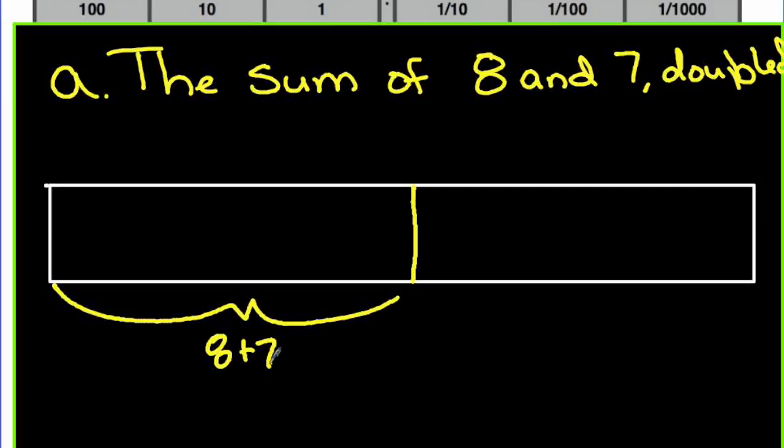So what is 8 plus 7? 15. So this equals 15, right? If that side equals 15, what does the other side equal?